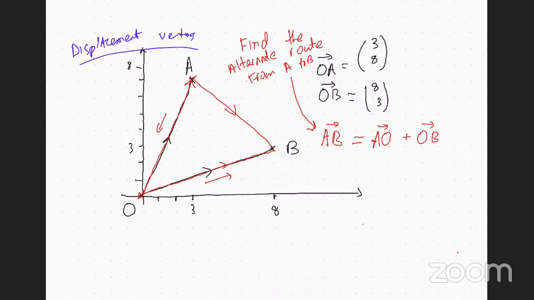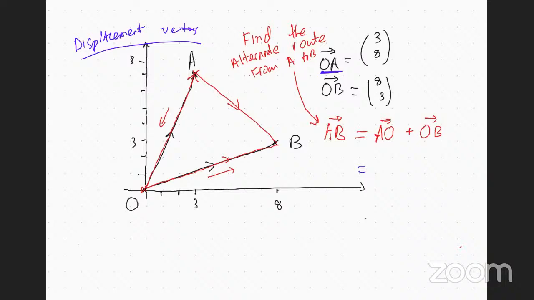And what is AO? This is OA. Anybody remember how to get AO? OA is (3, 8). What is AO?